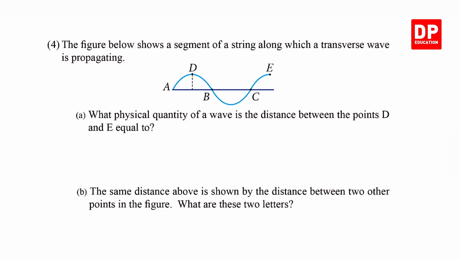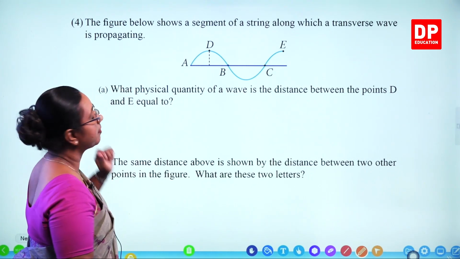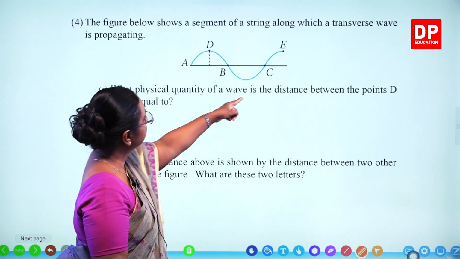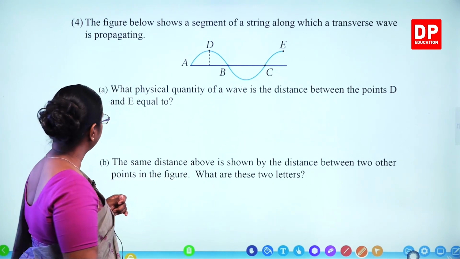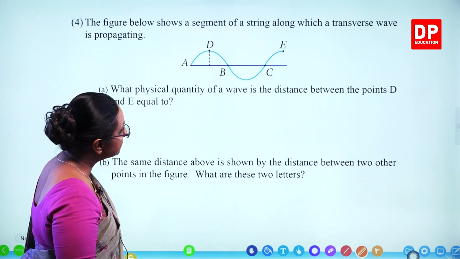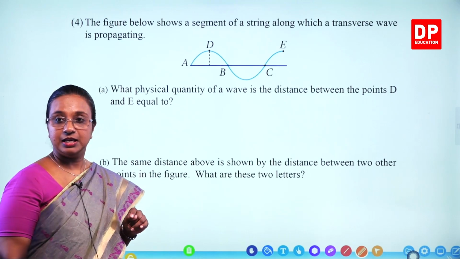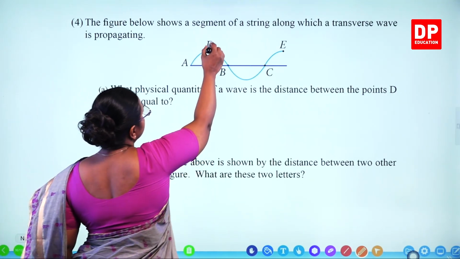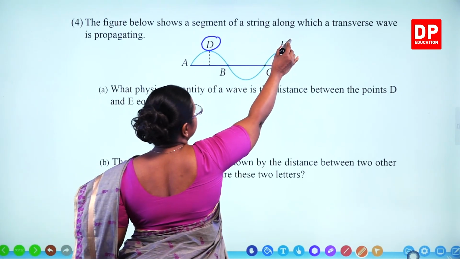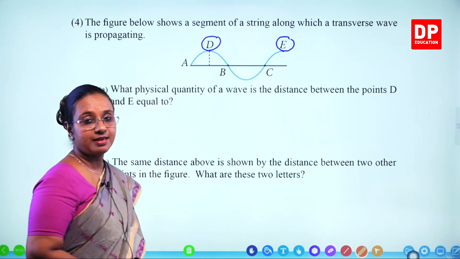I will move on to the next question. The figure below shows a segment of a string along which a transverse wave is propagating. So, you can see the transverse wave there. What physical quantity of a wave is the distance between the points D and E equal to? So, here this is D and this is point E. You can see the 2 points there.